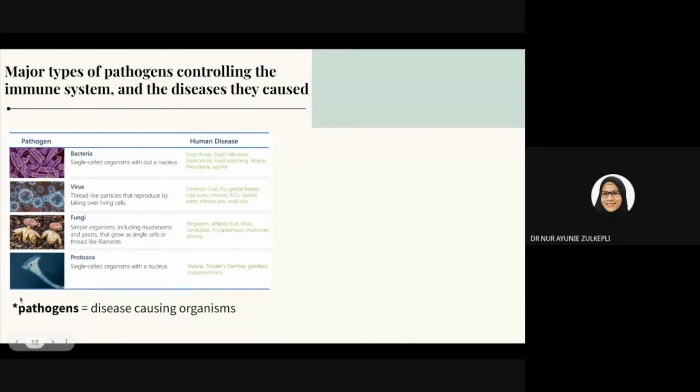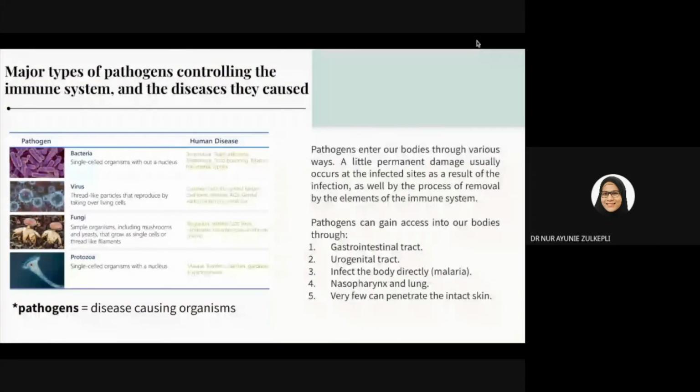And please bear with the term pathogen. It is the agent or organism that causes diseases. Okay, pathogens enter our bodies through various ways. It could be airborne, it could be from food that we eat. A little permanent damage usually occurs at the infected sites as a result of the infection, as well as by the process of removal by the elements of the immune system.